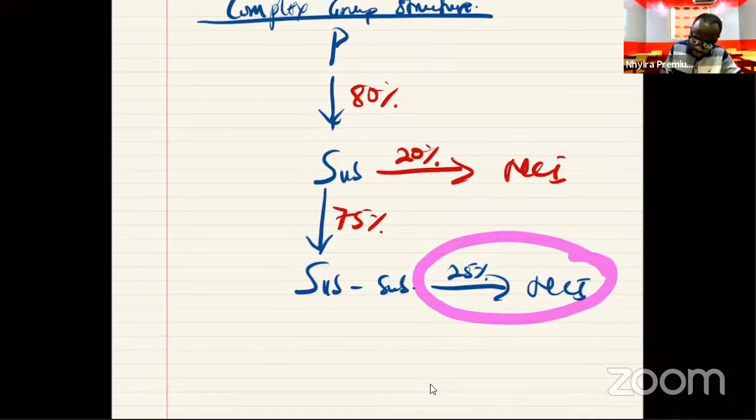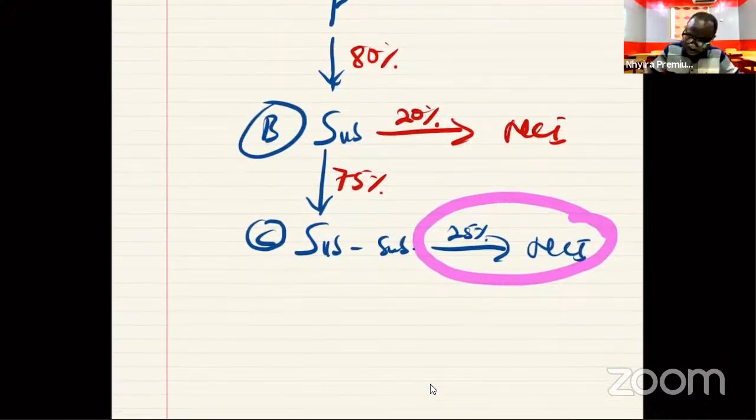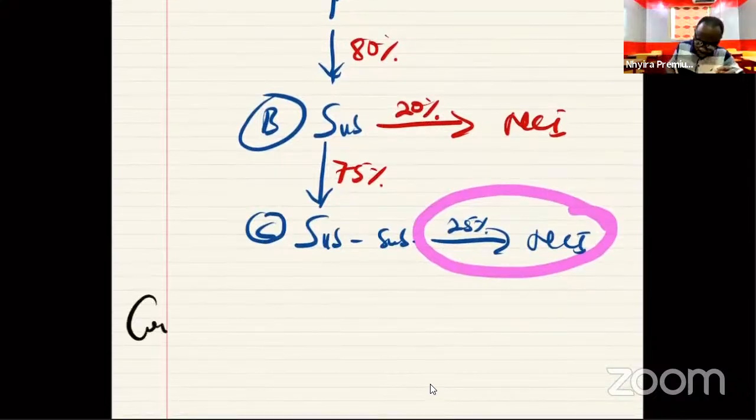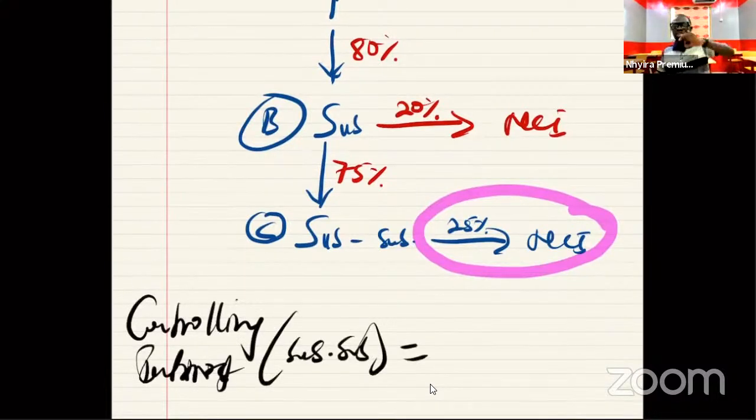Let's say this is company B, this is company C. So we will look at the controlling interest in the investment the subsidiary makes. The parent has its share of ownership in that particular investment.